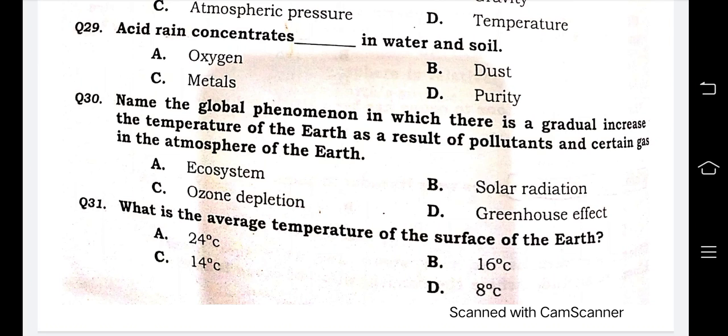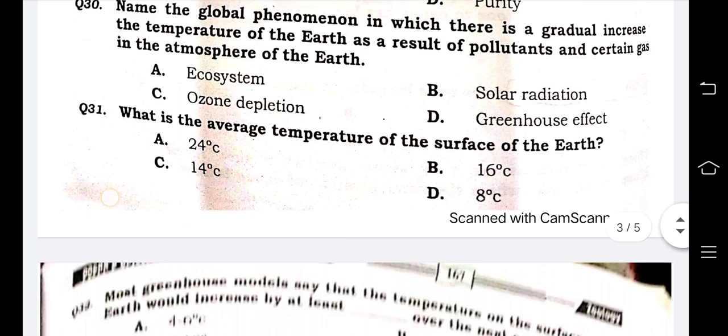So it's basically greenhouse effect, option D. What is the average temperature of surface of the earth? Option A 24 degrees centigrade, option B 16 degrees centigrade, option C 14 degrees centigrade, option D 8 degrees centigrade. So average temperature of surface of earth is 14 degrees centigrade.